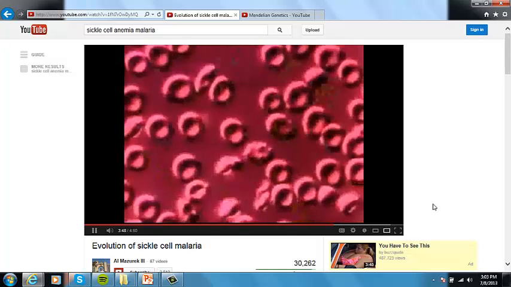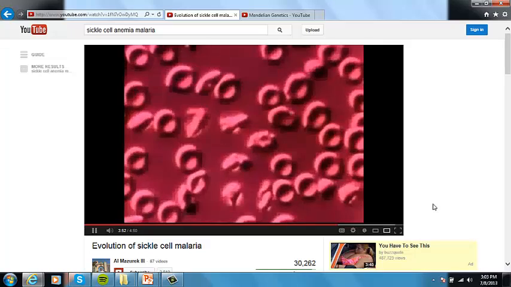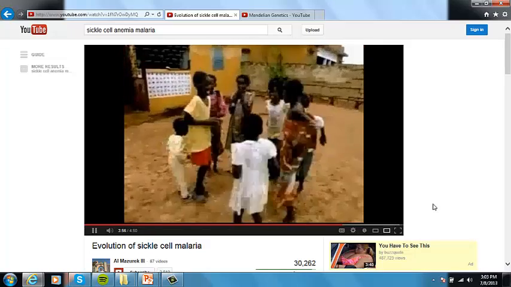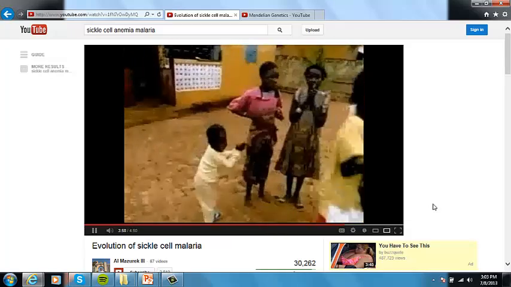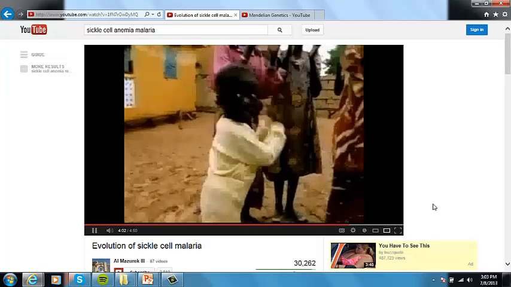Her cells sickle one after another, causing blockages in her narrow blood vessels. Fatu's blood flow is cut off, and she experiences agonizing pain. The sickling caused by the mutation led scientists to name this disease sickle cell anemia. Fatu's life will be far from comfortable, but medicine can help her survive this debilitating disease.